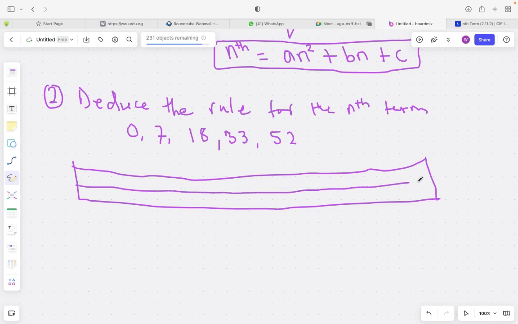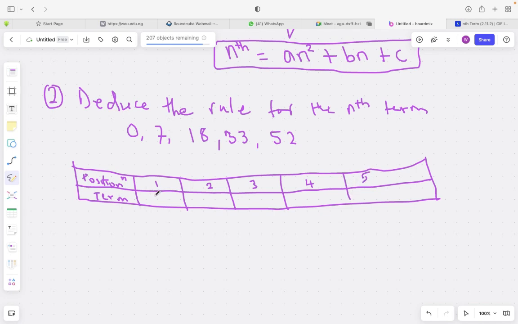So let's say we have this table, and this is our position, and this is our term. Position is n, okay? Position represents the n. So we have position 1, position 2, position 3, position 4, position 5.